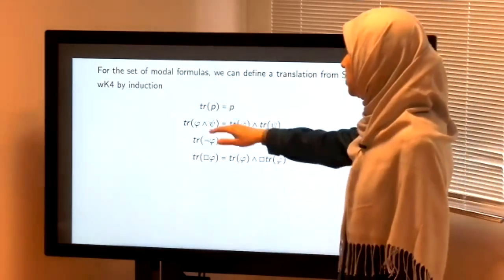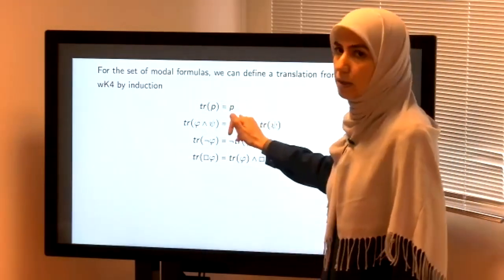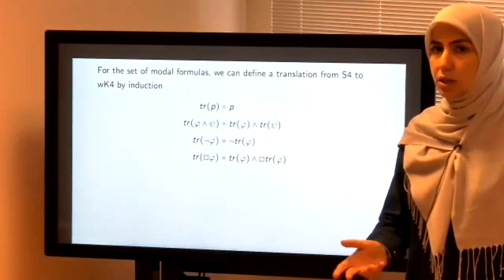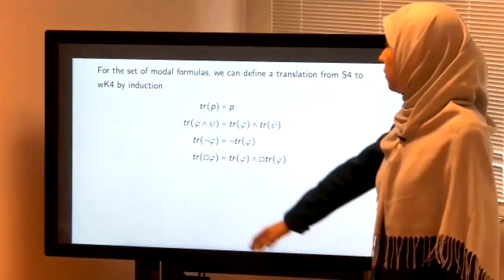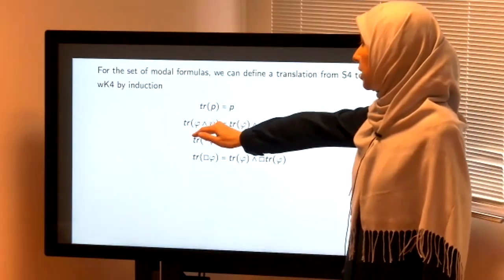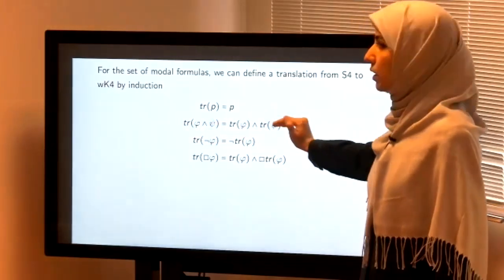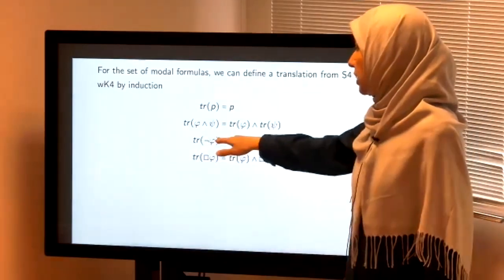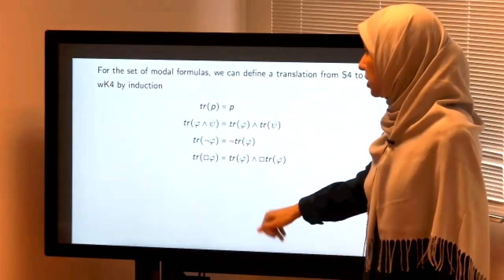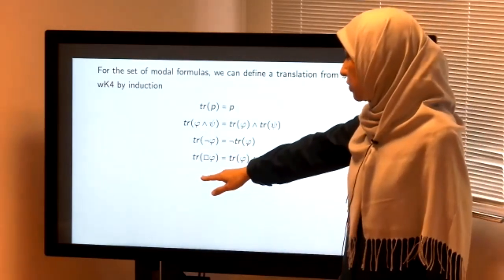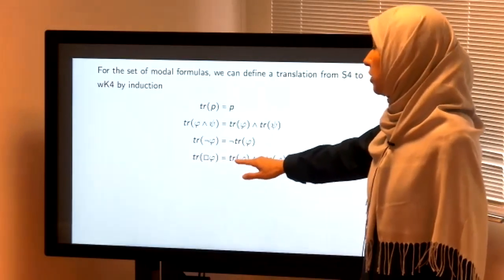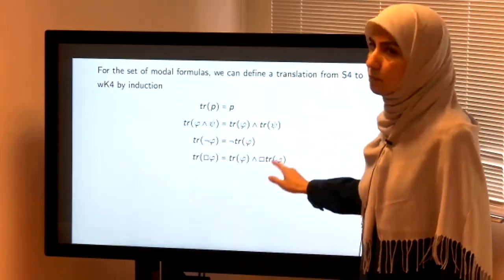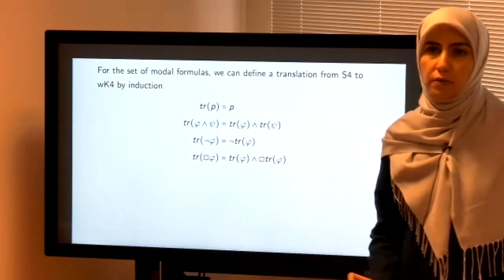We assign to each propositional variable p the translation of p is p. For conjunction, the translation of phi and psi is the translation of phi and the translation of psi. The translation of negation is the negation of the translation. The translation of box phi is the translation of phi and box of the translation of phi.